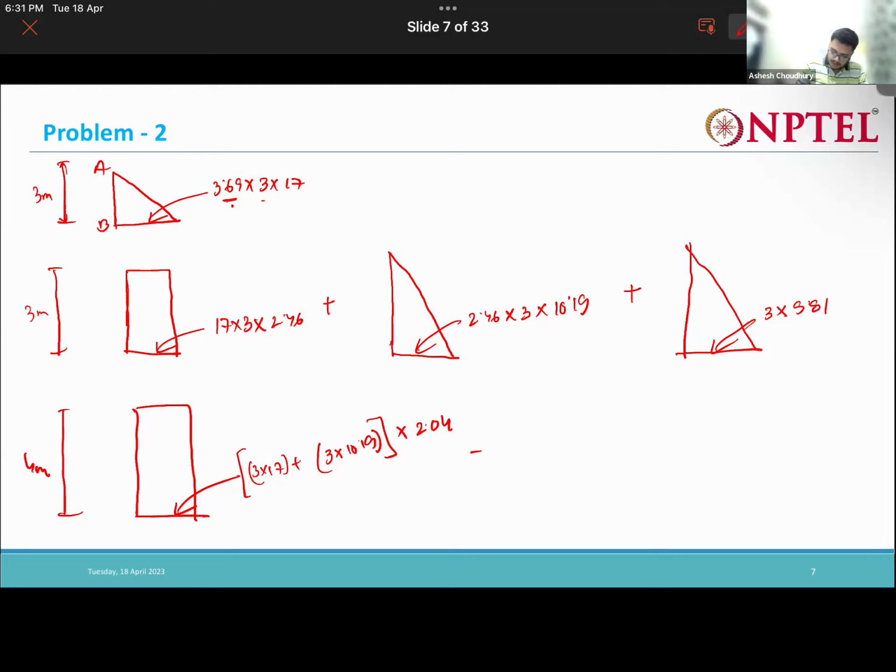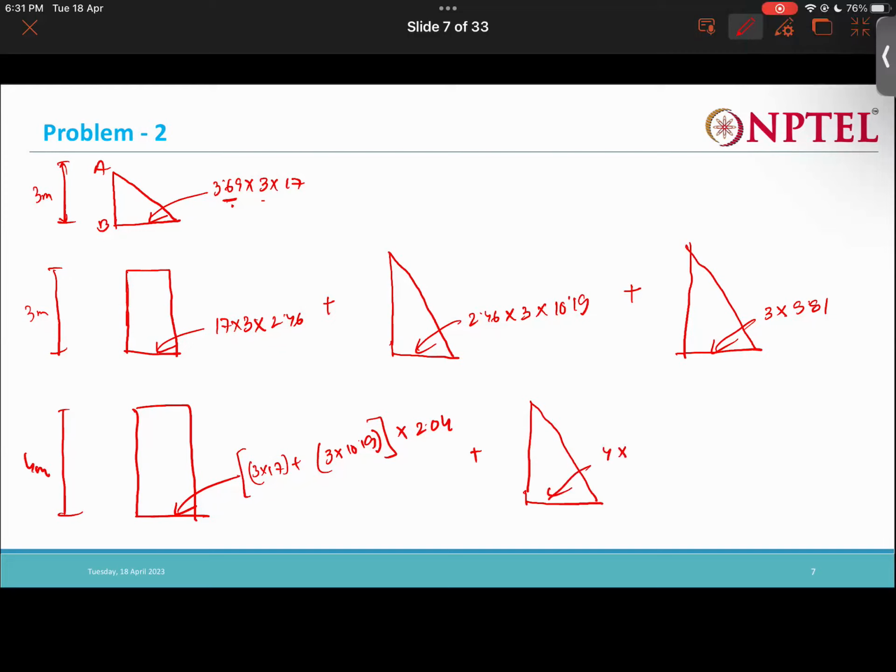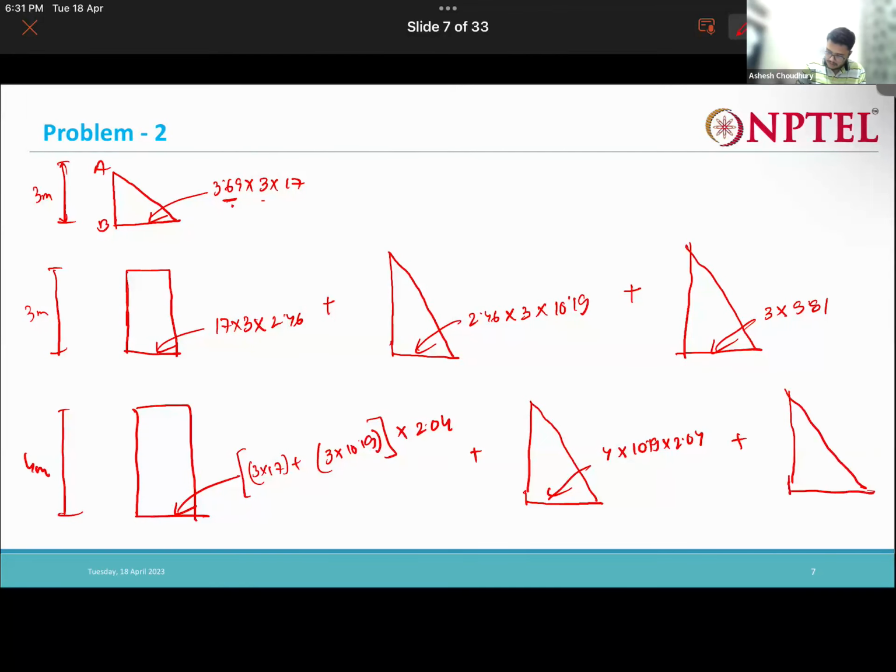Then we will have 4 into 20 minus 9.81, 10.19 into 2.04 plus 4 into 9.